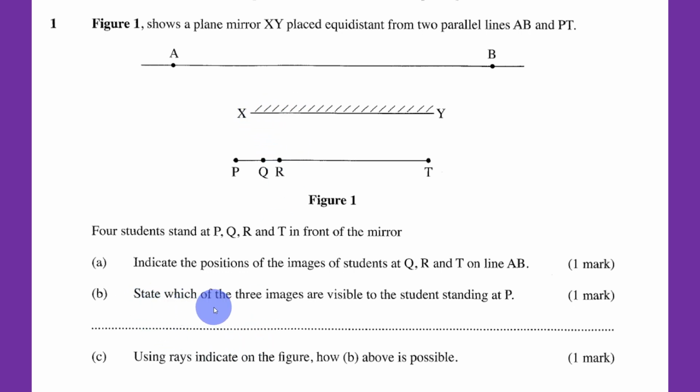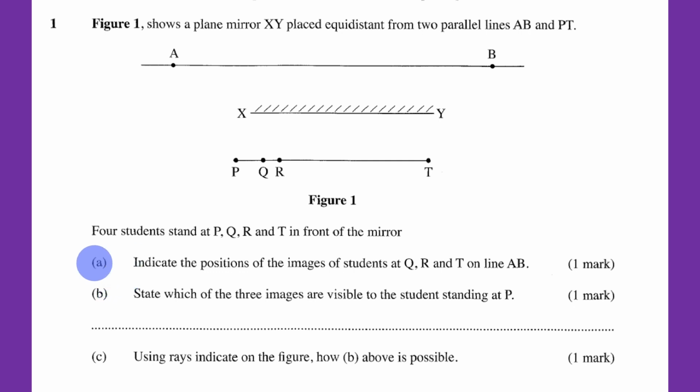B, state which of the 3 images are visible to the student standing at point P. So this student who is standing at point P will be able to see the images of student Q, R, and T. So we are asked to state which images are visible or can be seen and which one cannot be seen.